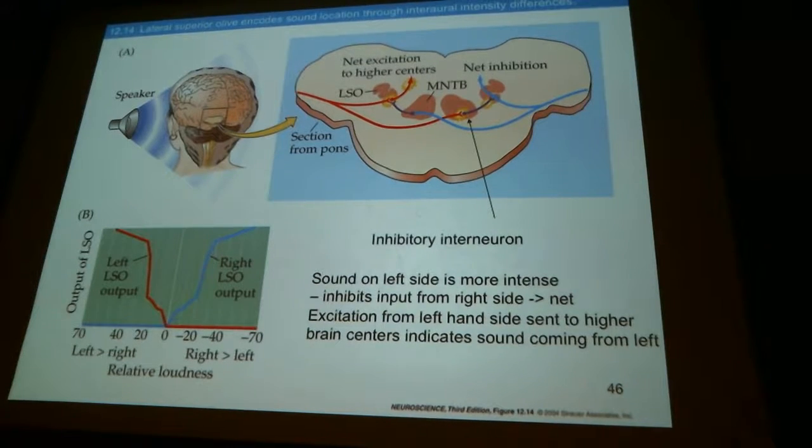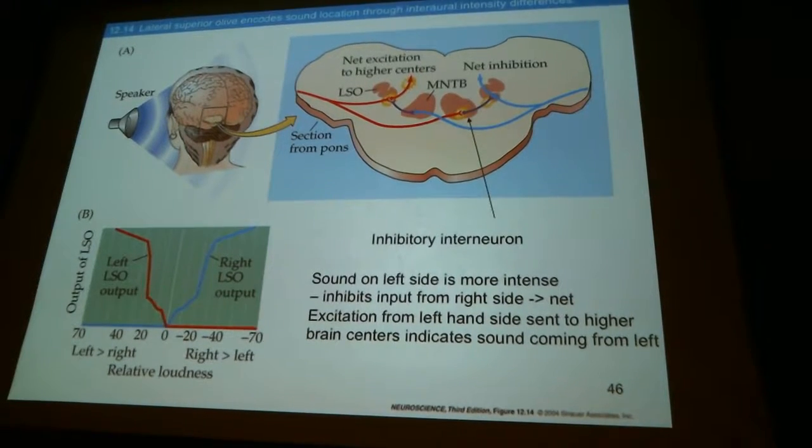Okay, a slightly less complicated system is set up to detect level differences. Because you don't have to worry about phasic timing, the extreme timing. The basic idea is that you have inputs to the lateral superior olive.